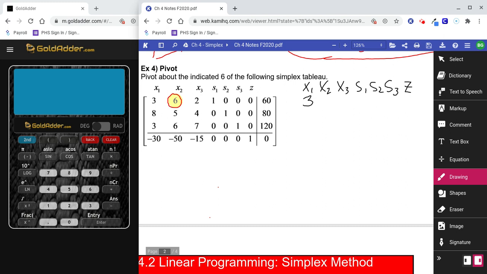I'll keep the top row the same. 3, 6, 2, 1, 0, 0, 0, bar, 60.